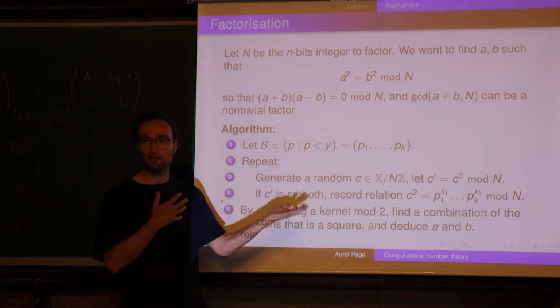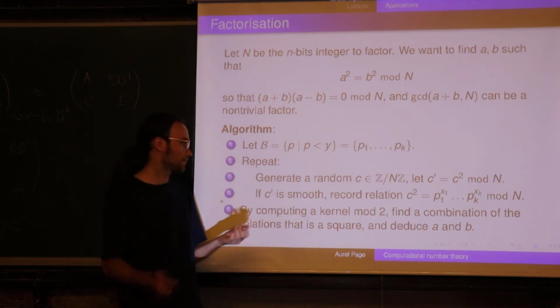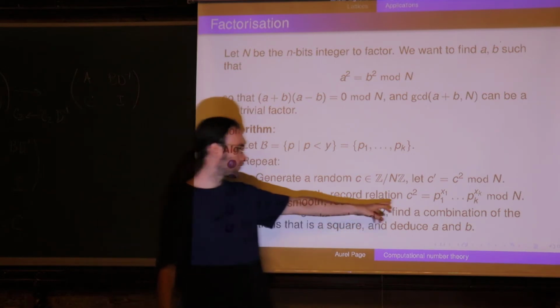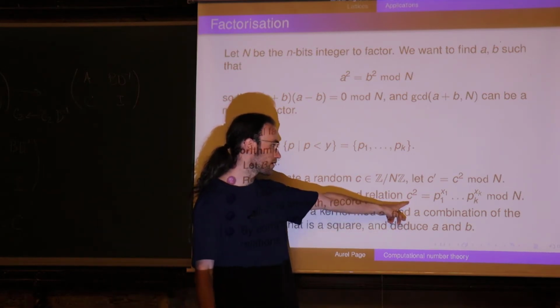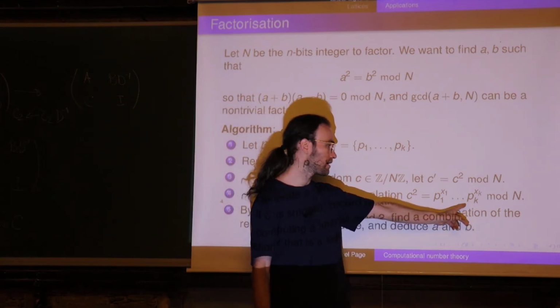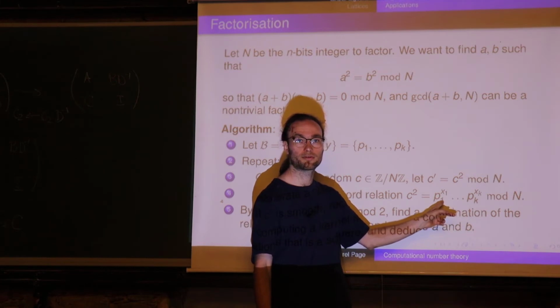Sometimes it's going to factor, sometimes not. When it factors, so when c prime is smooth, you record the following relation: c squared equals a product of the primes of your factor base modulo n. Okay?